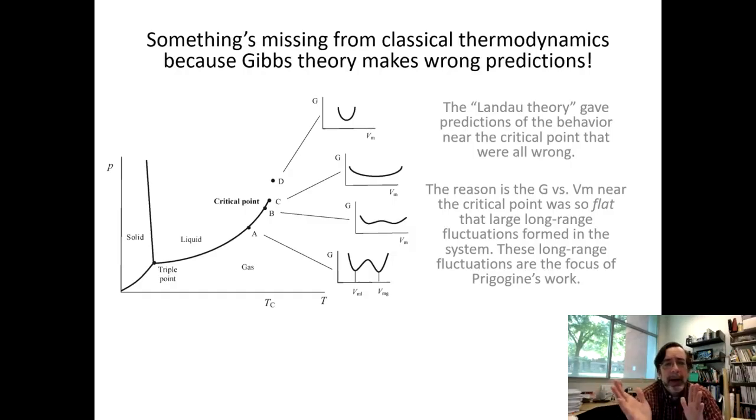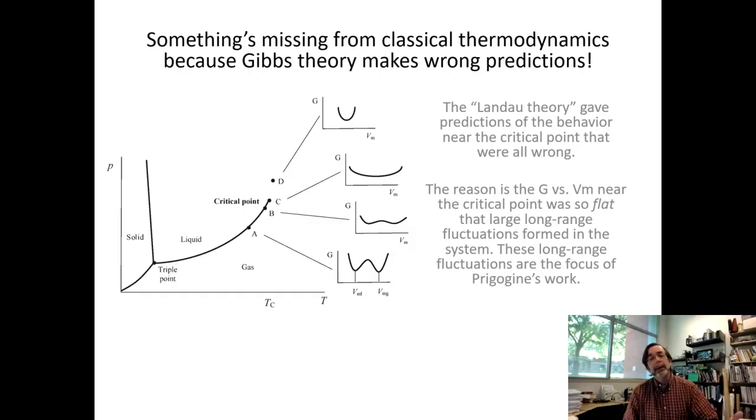Once you got off the line, you couldn't predict what the supercritical fluid was actually going to be doing. And Prigogine makes the argument that this is giving chaotic behavior because they weren't accounting for long-range fluctuations correctly. Long-range fluctuations have to do with flows, with time, with d_iS/dt rather than just plain S.